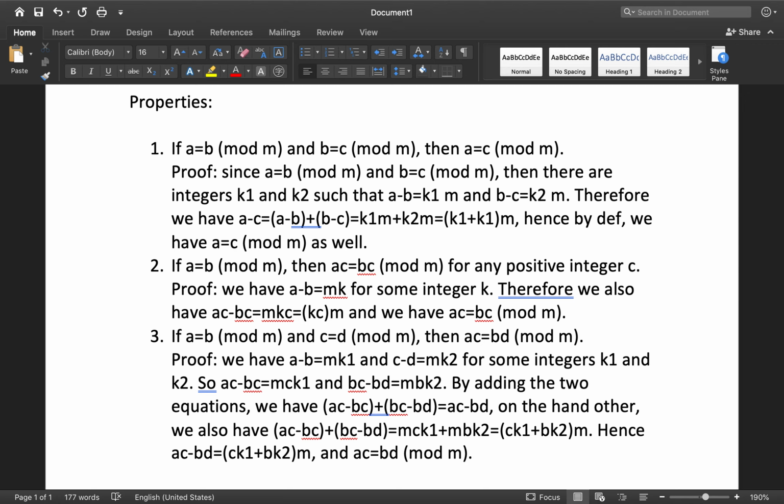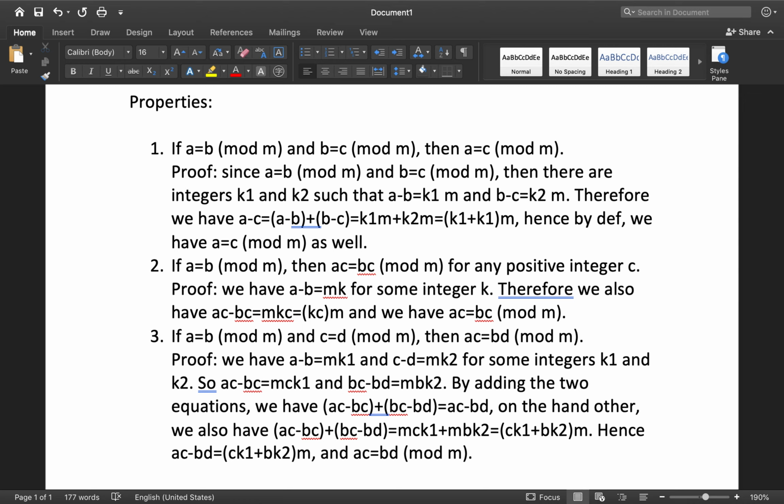That is a very useful property, saying that you can imagine they are just equations. So A equal to B and then C equal to D. You can multiply the two equations together to get what you want.